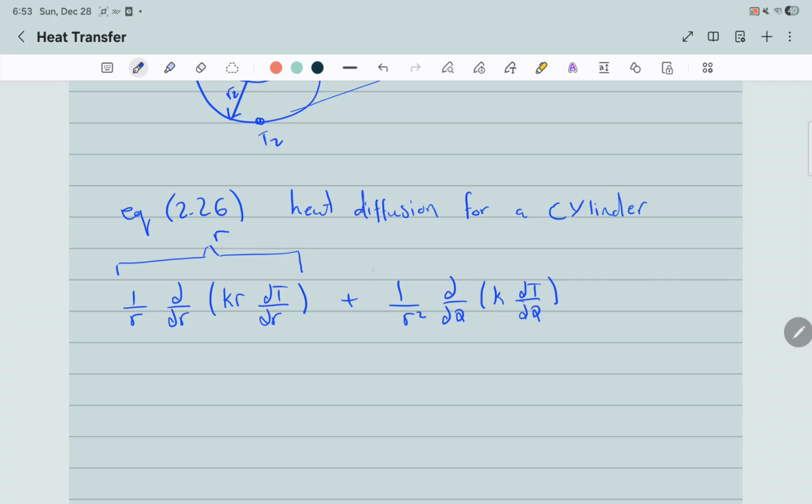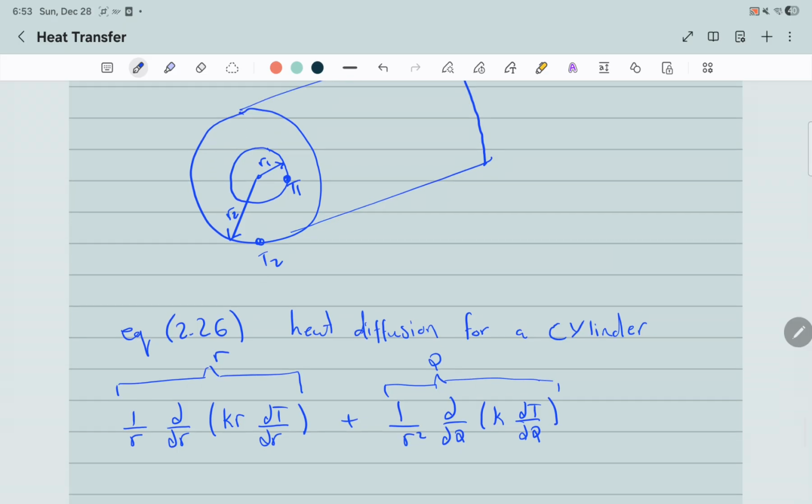Okay, this is the heat flow in the theta direction, meaning the heat diffusion in an angle.